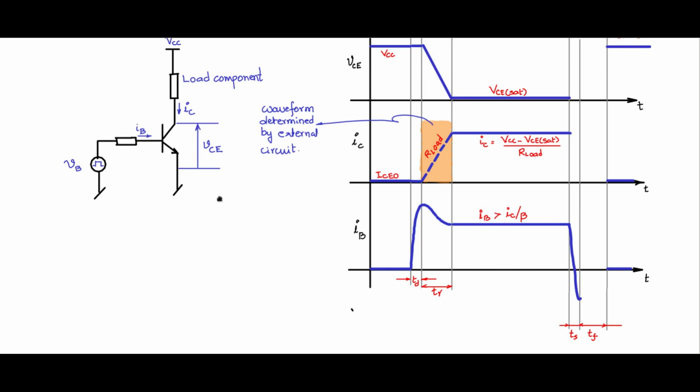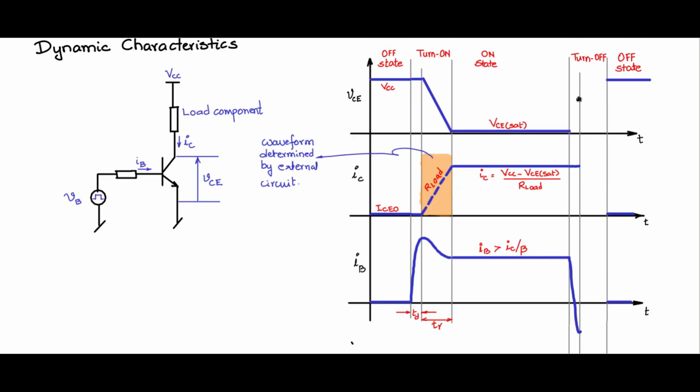Only then can you remove the stored charge. Therefore, when you are designing the base drive circuit, you should allow for this negative base current to flow in order to remove the stored base charges. After this storage period, you will see the onset of the transition towards the off state.